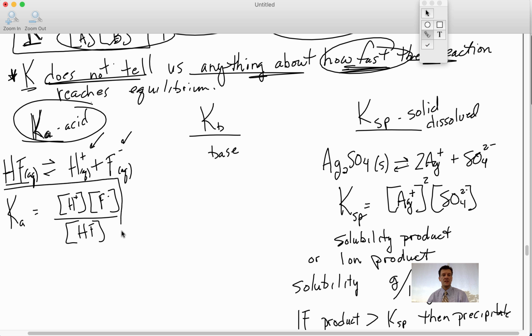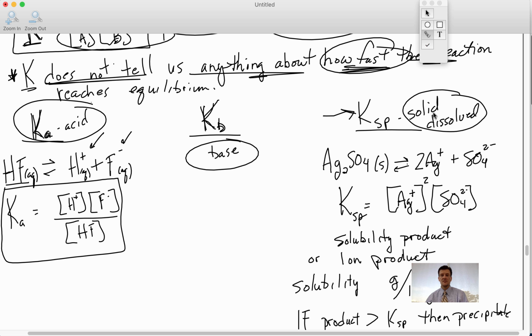Here would be the K expression for the dissociation of that weak acid. You might see Kb, which would be the same idea but just for a base. And the one we're going to look at a little bit more here is the Ksp. This is for when a solid dissolves. If a solid dissolves, then you might see the subscript Sp, which stands for solubility product.